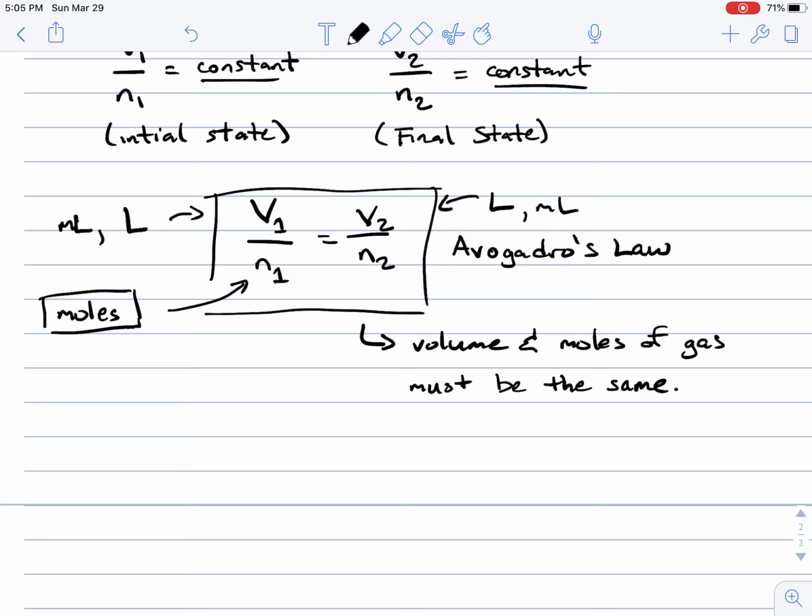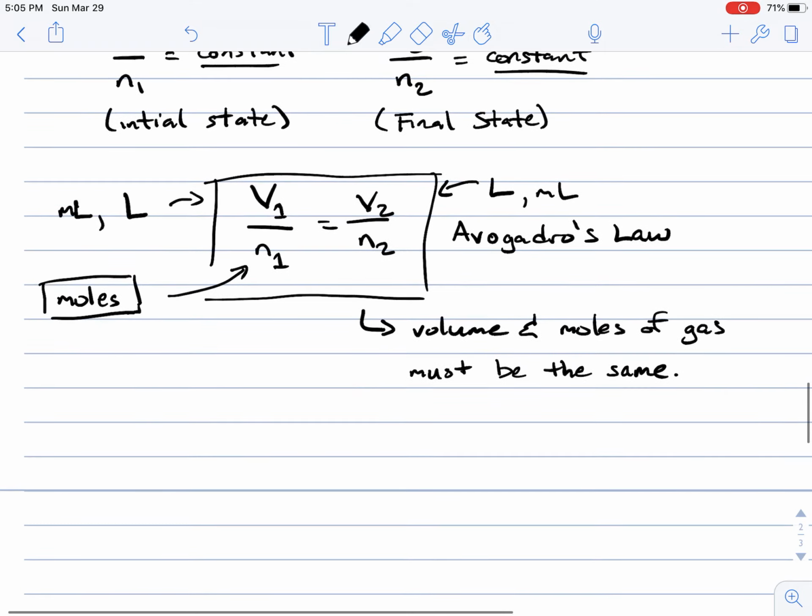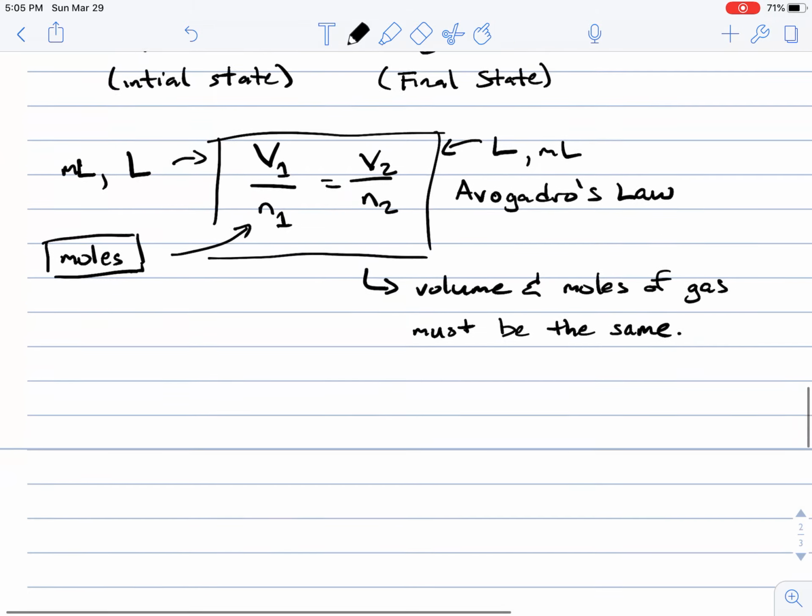Cool. All right, so another relationship that Avogadro was able to make between volume and the number of moles is this idea of standard temperature and pressure.